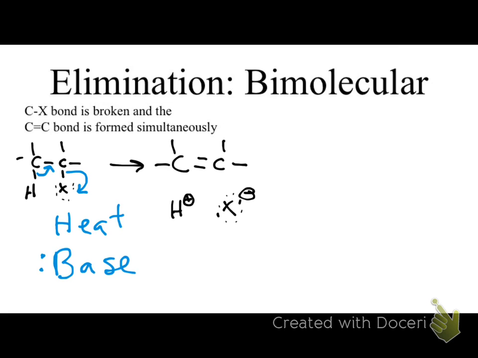I'm going to draw my arrow starting from my source of electrons, my base, and moving it towards the hydrogen. How does that change my products now? Now I'm going to have H-base. My base will be positive now because it's accepted. It started neutral here.